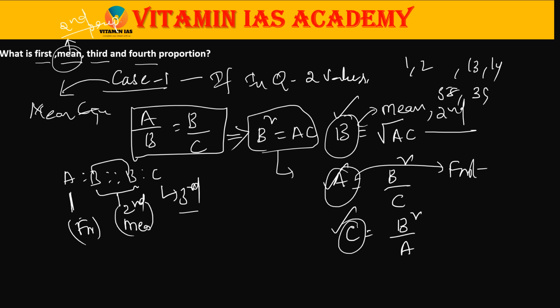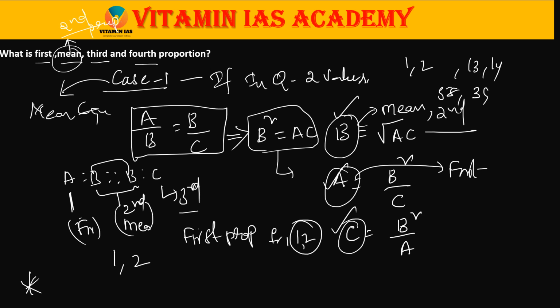And again, we have to know one important thing. If they are giving values, for example 1, 2, in the question in case number 1, because only two numbers are given, we have to use the mean equation, that you already know. Here they are asking for the first proportion, find the first proportion for 1, 2.